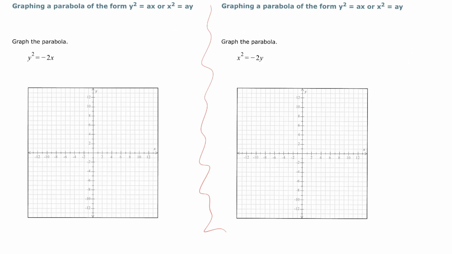All right, we're going to look at another conic. So you've looked at circles, ellipses, hyperbolas, and now it's time to look at a parabola. And what do we have here? We have y squared equals a times x. And we're going to do a couple of different examples just so that you know that this is a graph. And so it doesn't always have to be a function.